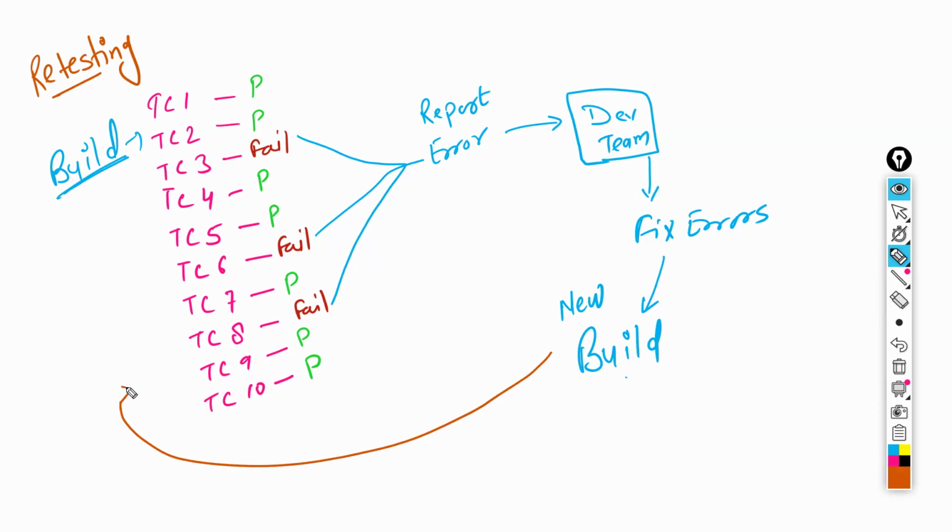Because the development team is claiming that, hey, you reported those errors, so we have fixed them. But you can't trust these developers. So you have to verify the bug fix.